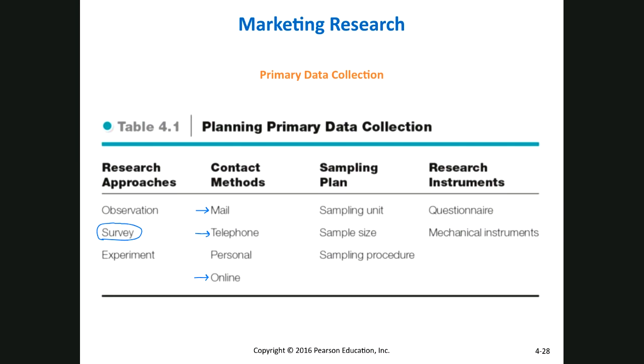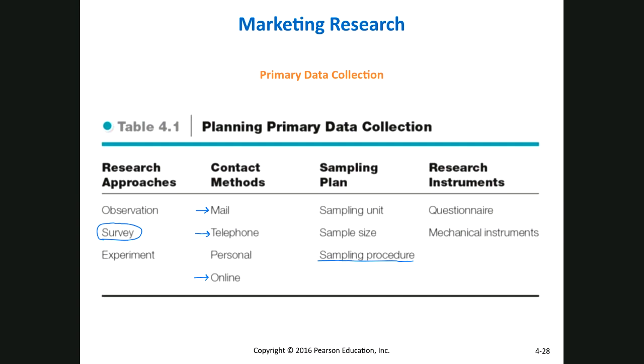Now, there's a lot involved in that, and we're not going to get too in the weeds about it in a principles of marketing course. But there are different ways to decide. If we're going to intercept people at the mall, every fifth person, and ask them questions, we could do that. That's called an intercept.